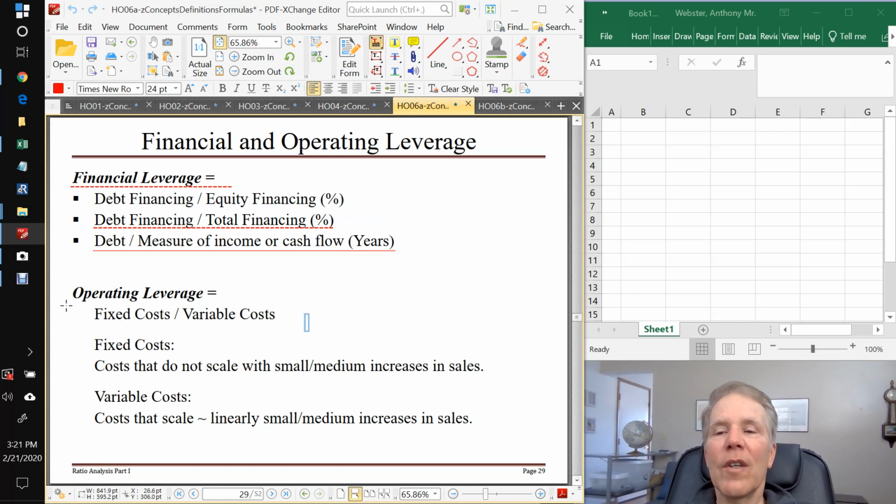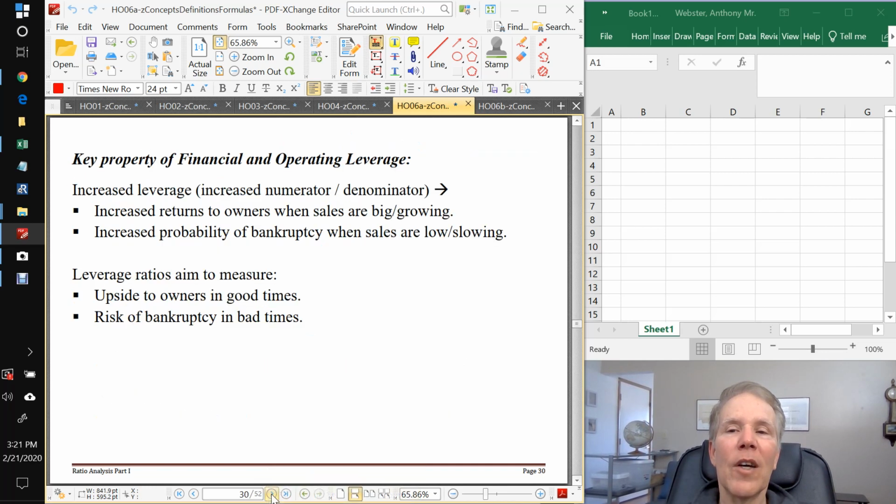Operating leverage, very different cause. Operating leverage comes from having more fixed costs than variable costs. And we talked about what fixed costs are and what variable costs are. So the causes of operating leverage are very different than financial leverage, but the result is the same in both cases. More leverage, better results for owners in good times, better ROE for owners in good times, more risk of bankruptcy in bad times.